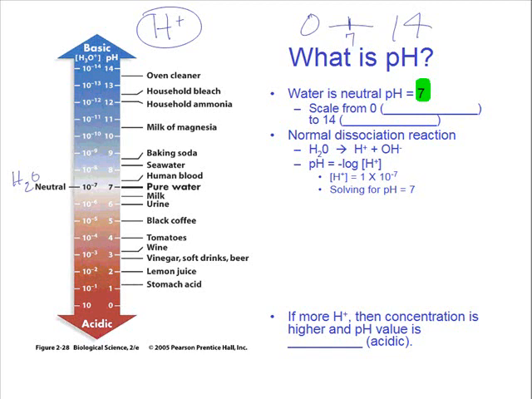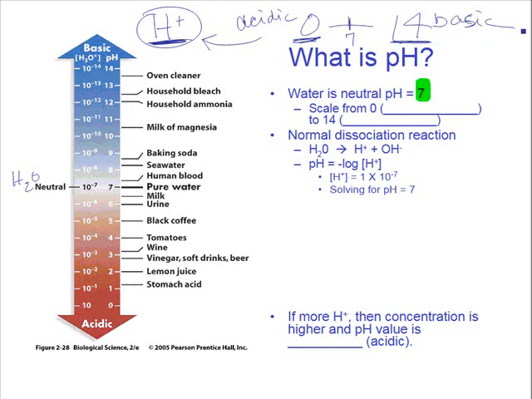So the lower the pH number, the more acidic it is. Acid means it has a lot of hydrogen ions present. So the lower the pH, the more hydrogen ions are present and the more acidic it is. The higher the pH, the fewer hydrogen ions are present and the more basic the solution is.